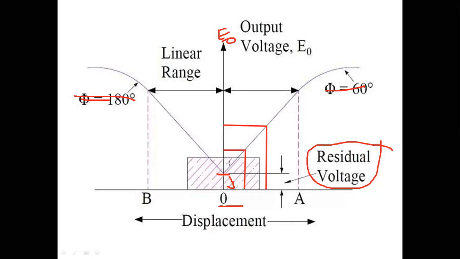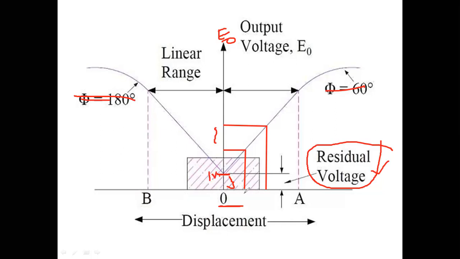So what I have to do is correct these values, because I have a zero error, a residual voltage. Even though I'm applying zero input, I am getting some voltage here. Let us suppose at 0 input, I am getting 1 volt as output.